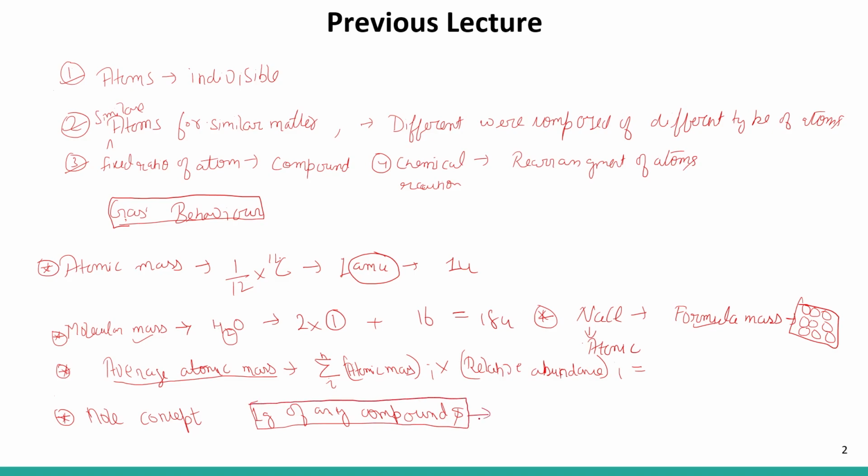So for that we take 1 mole, which is equal to 6.022 into 10 to the power 23 units per mole. This is the standard thing we take because of the complexity of the number of atoms.